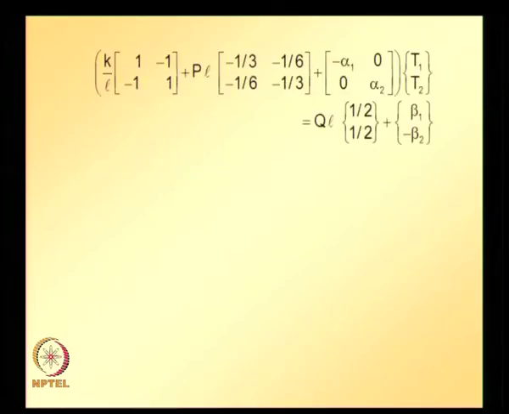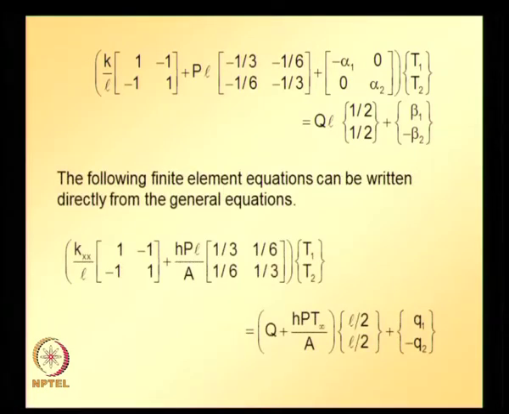This is the element equation that we have for the general one dimensional boundary value problem. Now we need to make substitution of the corresponding variables for this particular heat conduction convection problem. When we make that substitution, the following finite element equations can be written directly from the general equations.